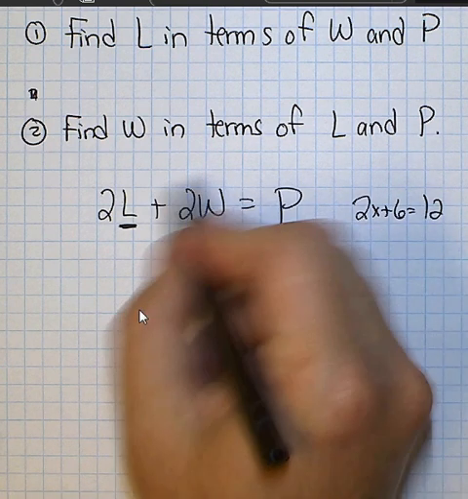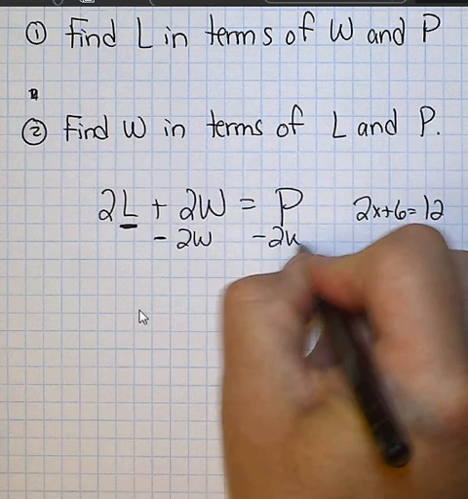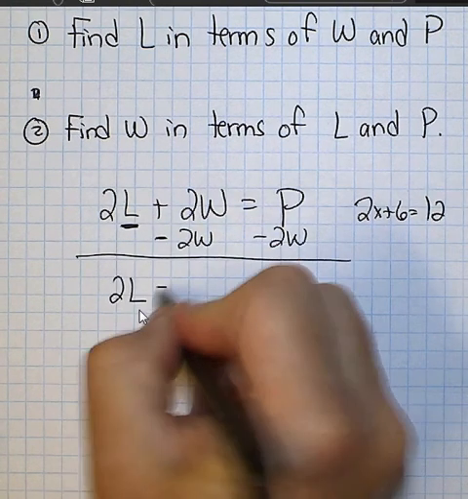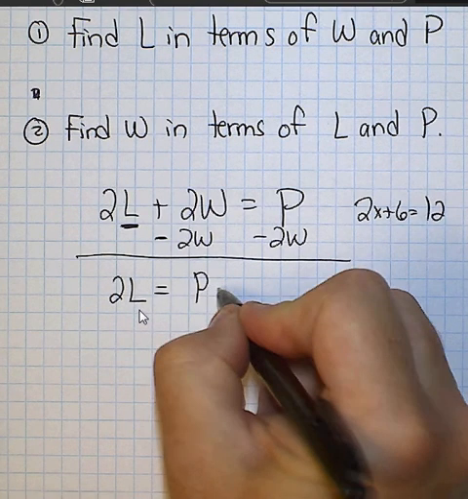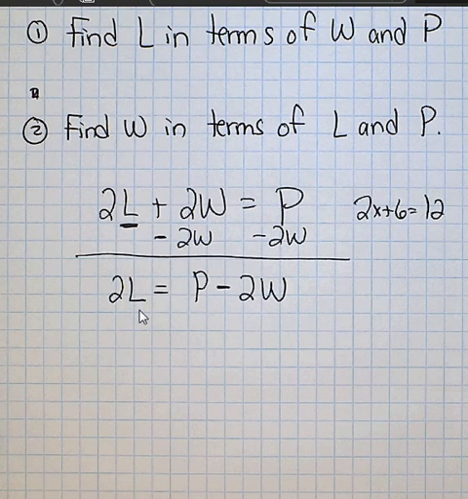So I'm going to get rid of this plus 2W by subtracting 2W from both sides. That's going to leave me with, carry it down, 2L is equal to P minus 2W. I can't combine P and W, so it's just P minus 2W. And now I have 2 multiplying L, so how do I undo that?